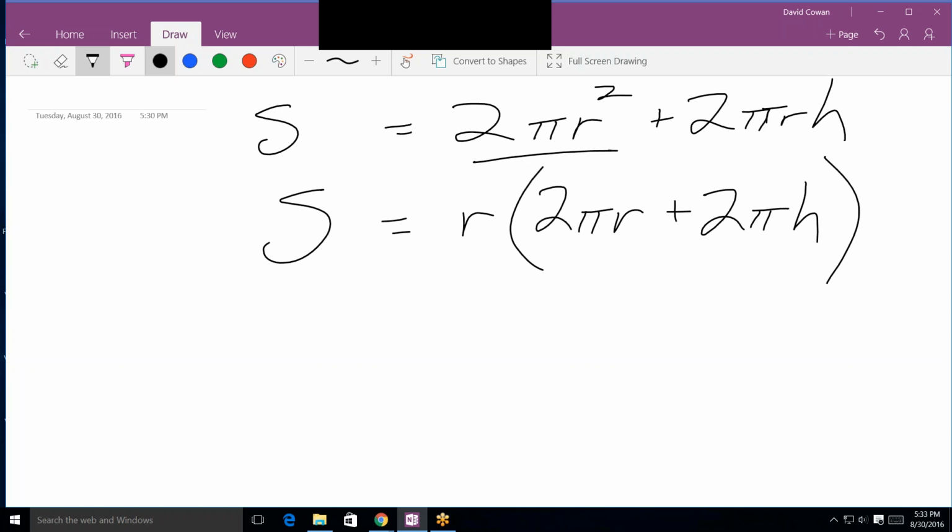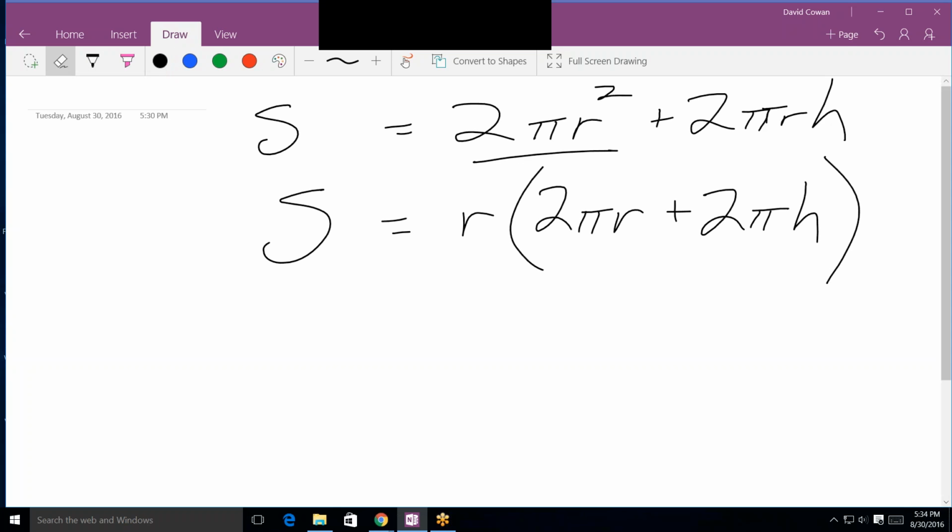I can't solve for r. There's an r in the parentheses. Exactly. So if I try dividing both sides by that, I'm going to get r on the right side, but I'm going to have an r on the left side also. So you can't solve for r here the way you were able to solve for h.